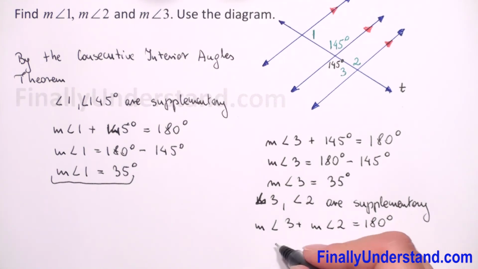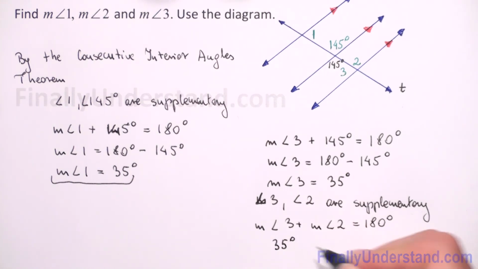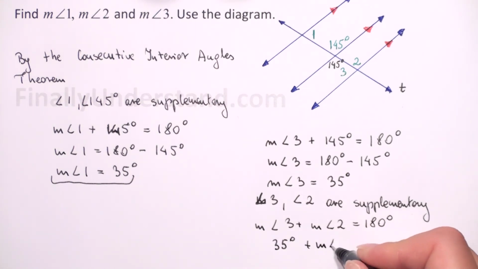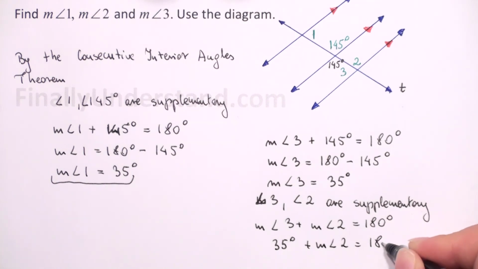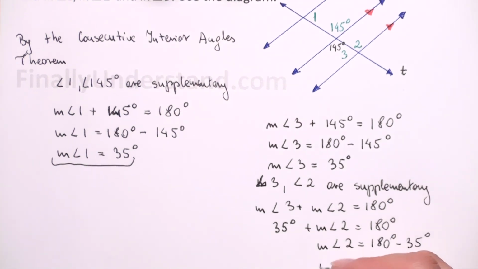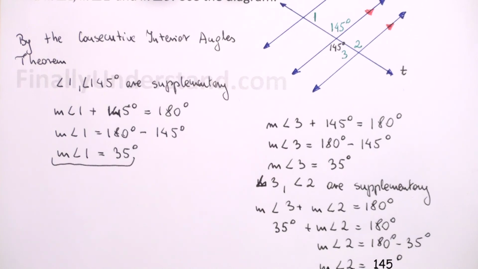This is 35 degrees plus the measure of angle 2 is 180 degrees. So the measure of angle 2 is 180 minus 35 degrees. So the measure of angle 2 is 145 degrees. This is my solution. We found the measure of angles 1, 2, and 3.